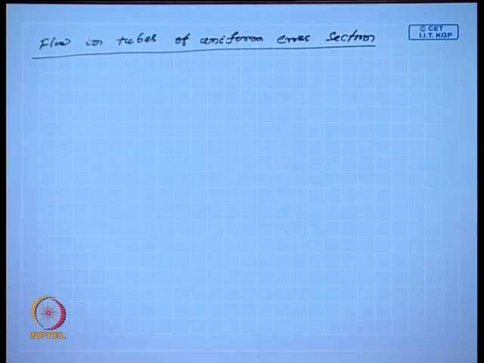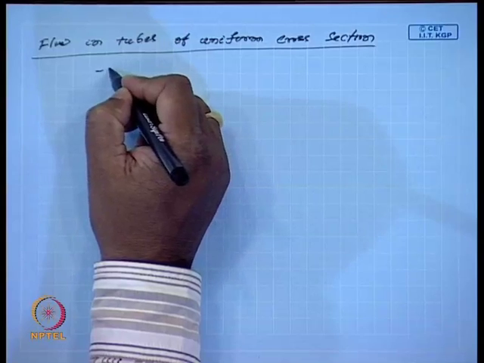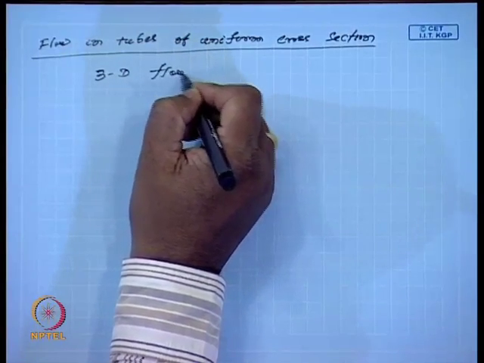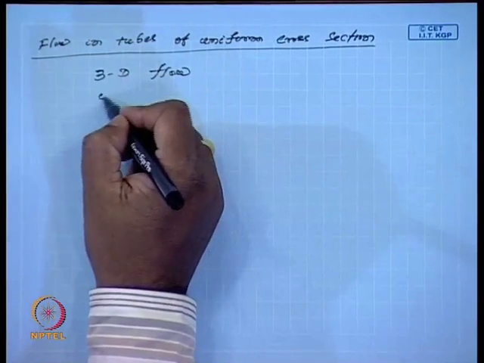Again, when I consider a tube of uniform cross section, this becomes a 3 dimensional flow. And in case of 3D flow, again I have the flow is unidirectional.